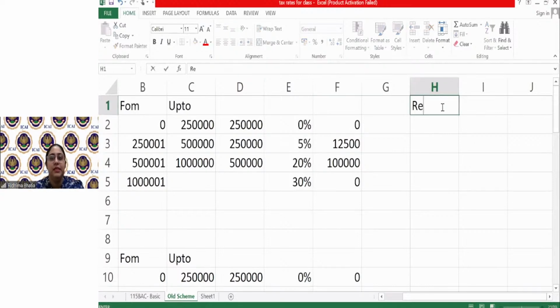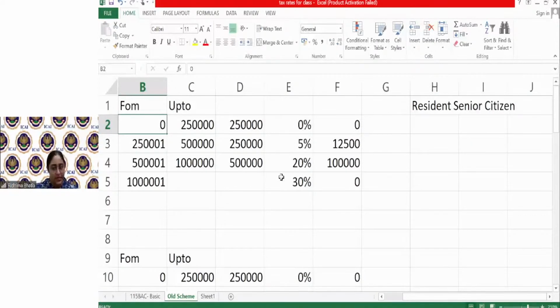This is only in old scheme. Please listen carefully. Who is a resident senior citizen? Resident senior citizen is a person who is a resident, obviously, but is also senior.